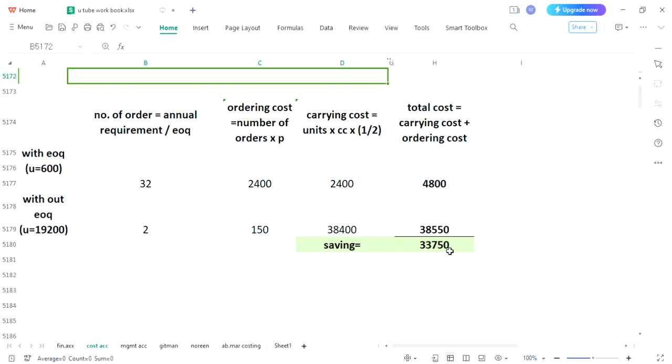It's not bookish knowledge, it's not an assumption, you are not supposing anything, you are not creating a story. It's 100% practical. When you apply this concept of economic order quantity, everything is calculated apparently, nothing is hidden. In this way, total cost is 4,800, and if you do not apply economic order quantity, your cost is too high, and that is 38,000.